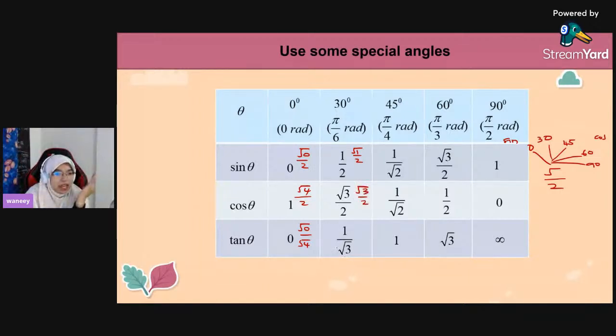And then how to get the tangent? Tangent is actually left over right. So root 1 over root 3. So that is how you get 1 over root 3. Okay, 45 degree, bring them down. So you got root 2 over 2. So root 2 over 2 can be simplified to become 1 over root 2.